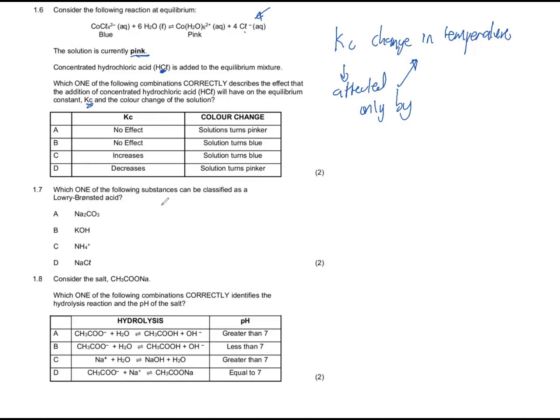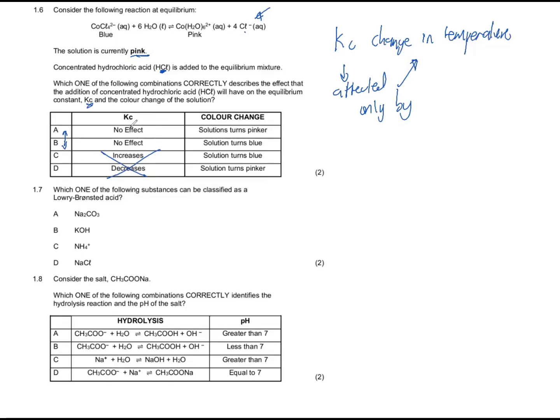Using that strategy, we already know that C and D would be completely incorrect, so we're not even going to look at those options. The correct answer lies between A and B, so now I'm using the elimination method here.